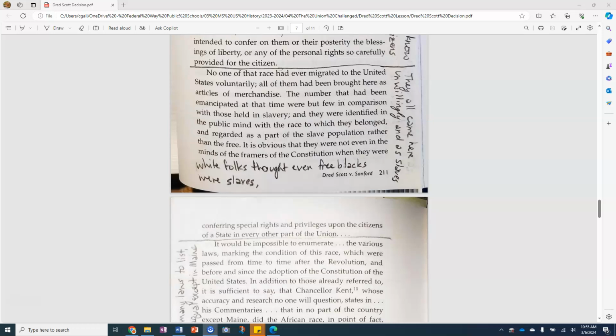Okay, so I am going to pick a little bit of a bone with this idea that no black people had ever migrated to the U.S. voluntarily. There are people who are making the decision. There are just very, very few of them. And oftentimes that decision is made under duress, which means, for example, that people are choosing to come here because slavery in the Caribbean was much, much worse.